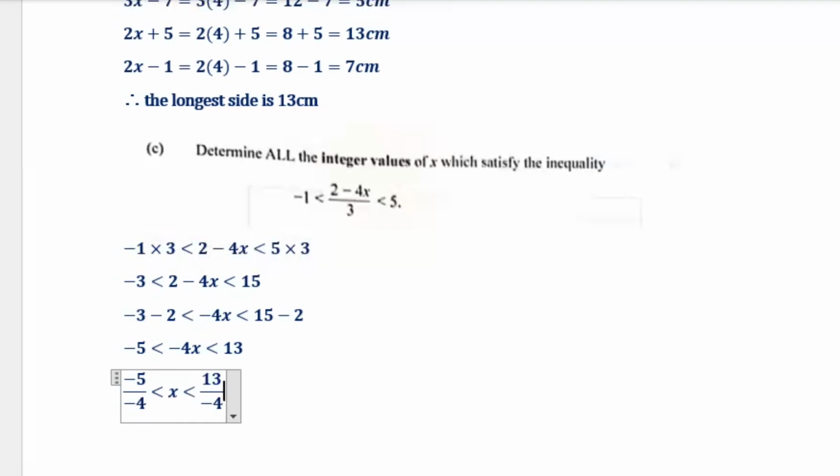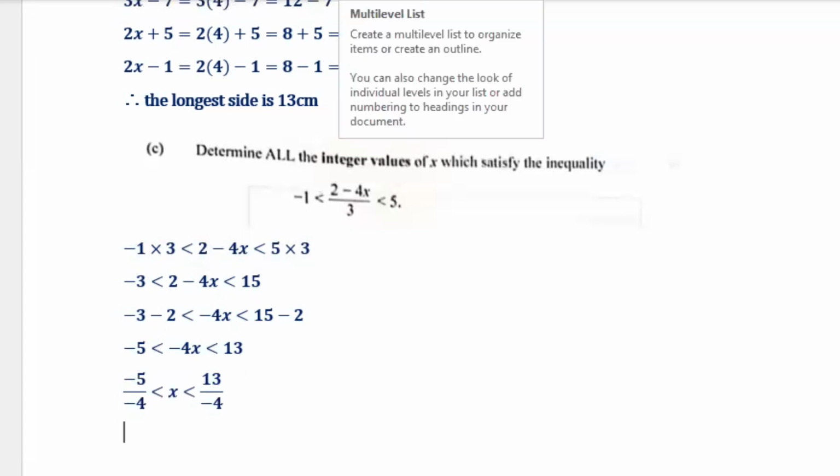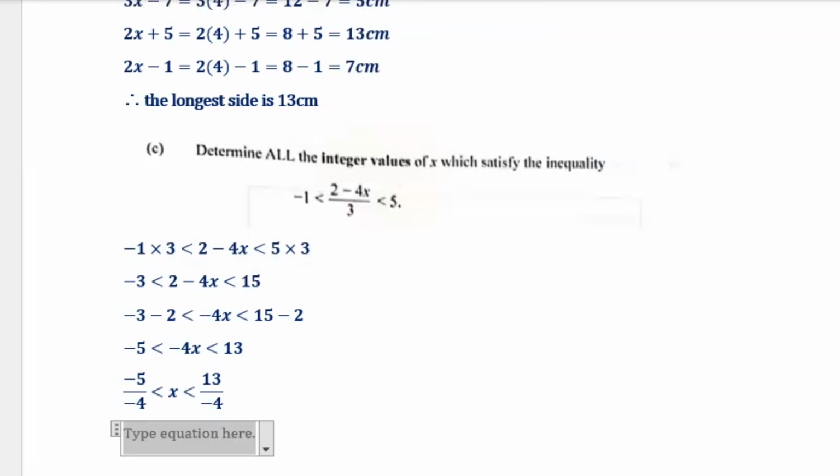Now, what I want you to remember is that whenever you are dividing by a negative number in an inequality, it always causes the signs to flip. So this was less than, and x is greater than this term here, it will become this term being greater than x, and then x will be greater than this term. That is the reaction that dividing by a negative number causes.